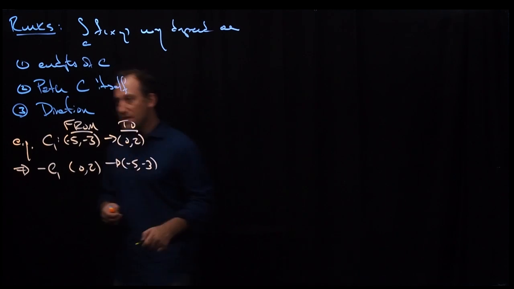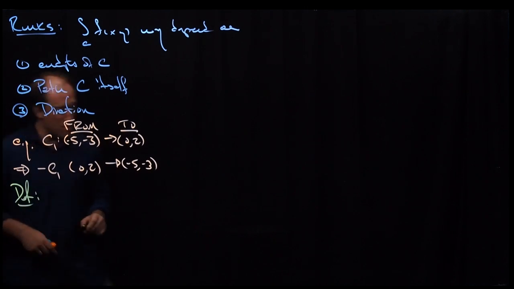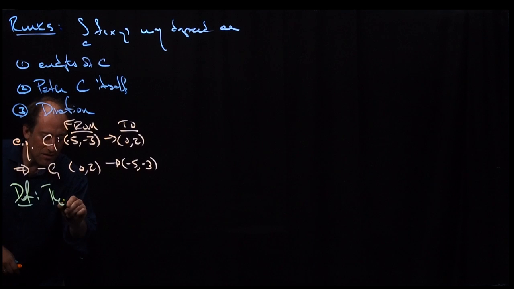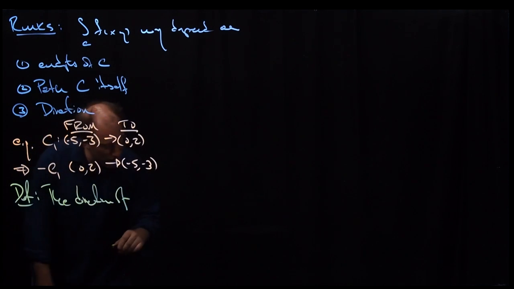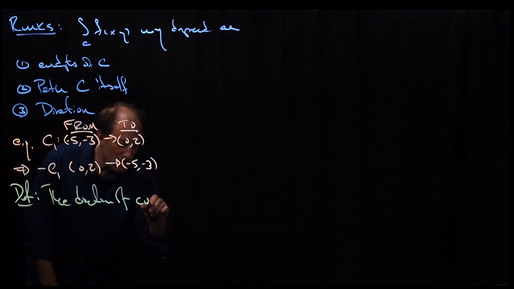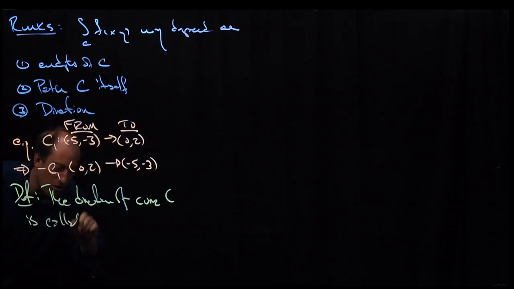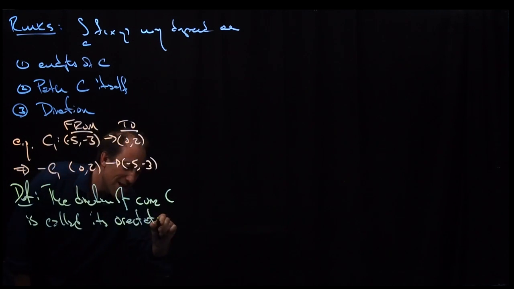And there's a definition I can get out of this while I'm here. The direction has a very specific name. It's called the orientation. So, definition: the direction of a curve C is called its orientation.